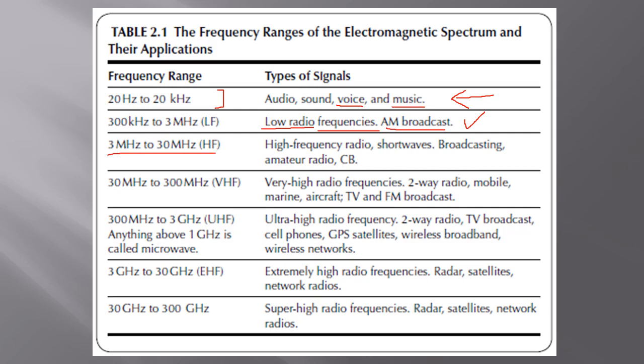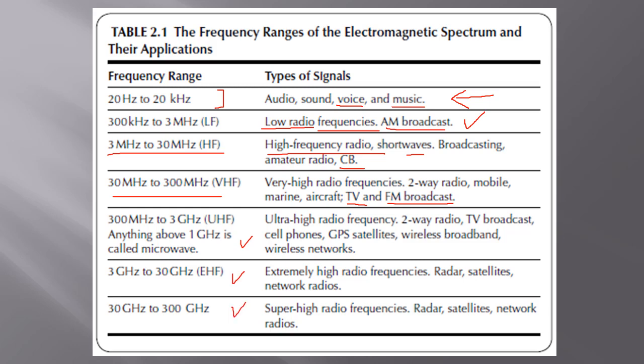Also, we have another group from 3 megahertz to 30 megahertz, which is high frequency radio, shortwave, CB, and so on. We also have 30 to 300 megahertz, a very high radio frequency for TV and frequency modulation broadcast, or FM radio. And then we still have higher and higher.